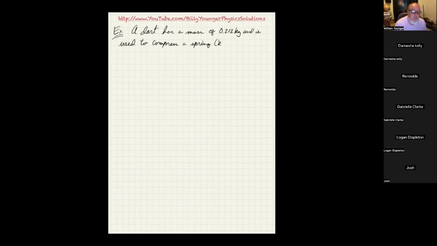The spring constant, we'll say, is equal to 500 newtons per meter, and it's used to compress the spring by 6.01 centimeters and then released.